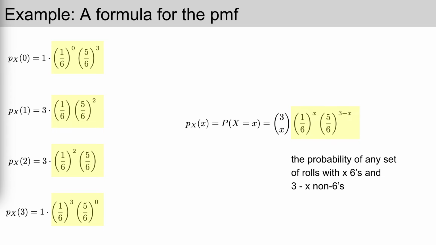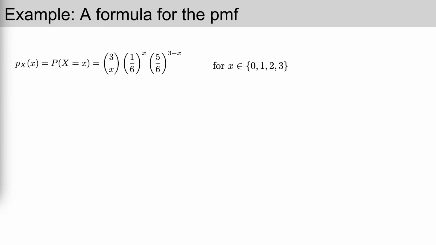Next, 1/6 to the x times 5/6 to the 3 minus x is the probability of any set of rolls that has x 6s and 3 minus x non-6s. There are x 6s, which each occur with probability 1/6, and 3 minus x non-6s, which each occur with probability 5/6.